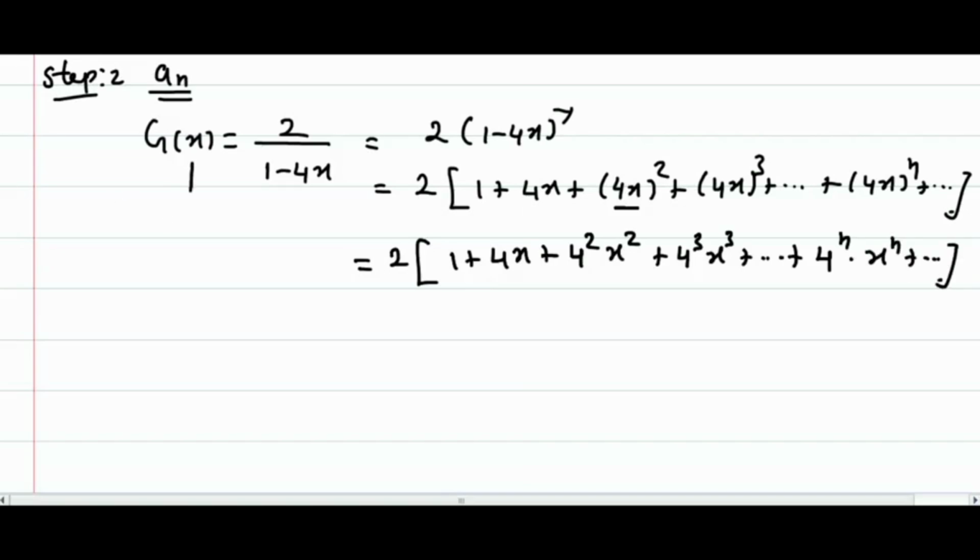On the left hand side we have g of x. G of x can be written as a naught plus a1 x plus a2 x square plus etc., a n x power n plus etc.